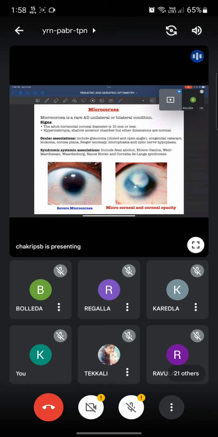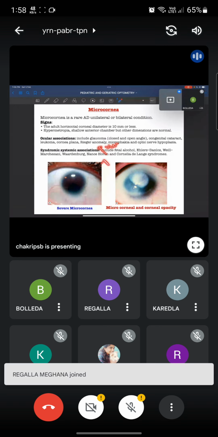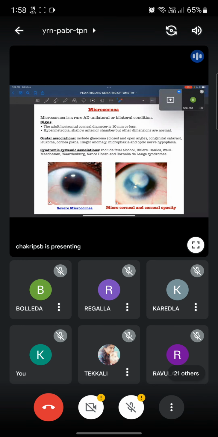These conditions mainly happen because it is congenital, because the structures are not developed at 9 months, due to premature conditions and infections. These are the main conditions observed in microcornea.